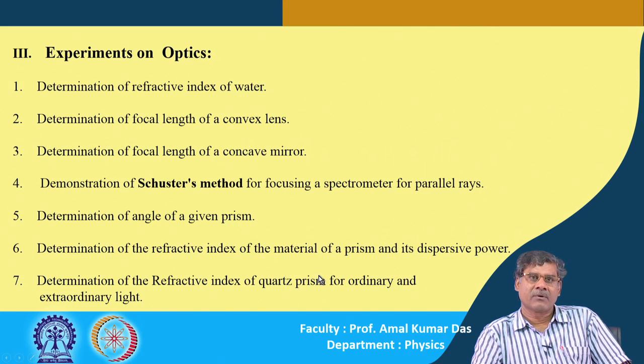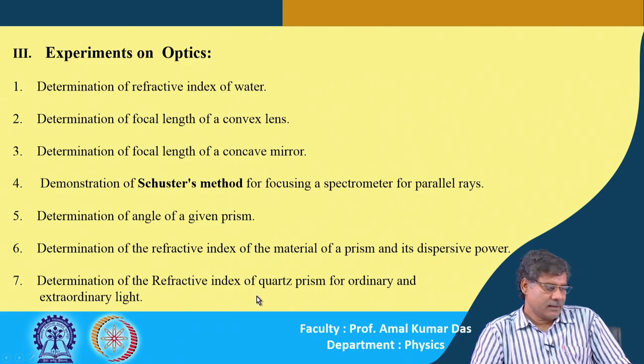What are ordinary and extraordinary rays, and how they are formed, will be explained. For the same prism, the refractive index will be different for these two types of rays. We will demonstrate how to determine the refractive index for the O ray, where O ray means ordinary ray, and the E ray, which means extraordinary ray.